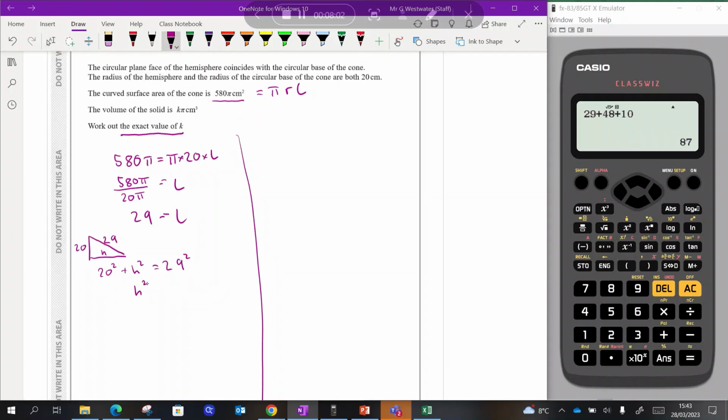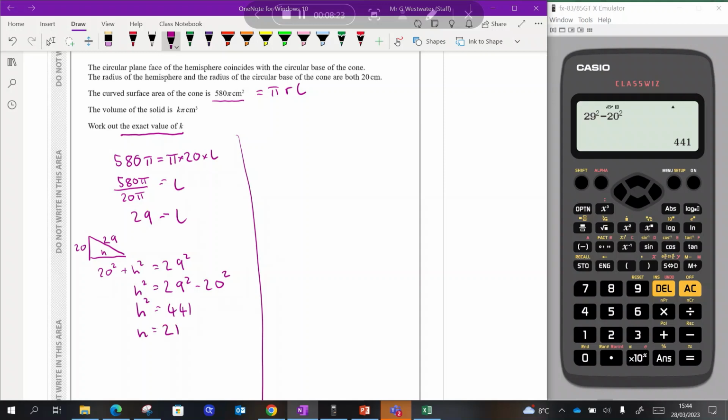So h squared, which is not the hypotenuse, it's the height, but can be a bit confusing, is going to be 29 squared minus 20 squared. So 29 squared minus 20 squared is 441, and I know my square roots. This means that h is 21.